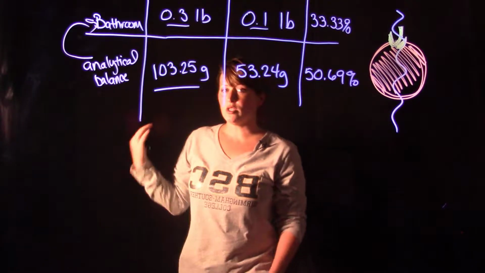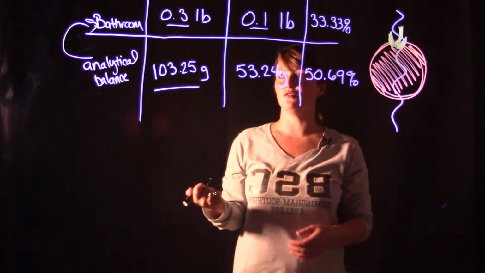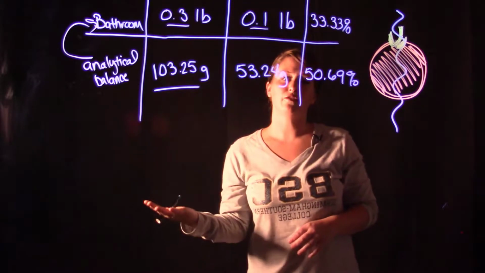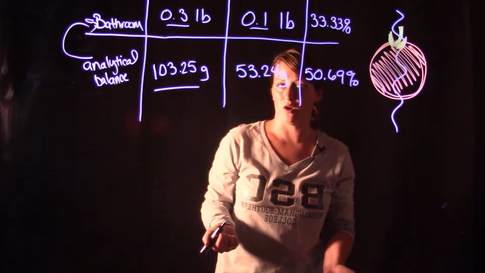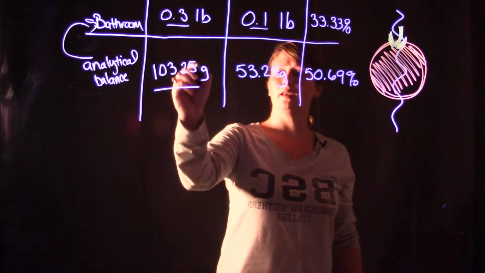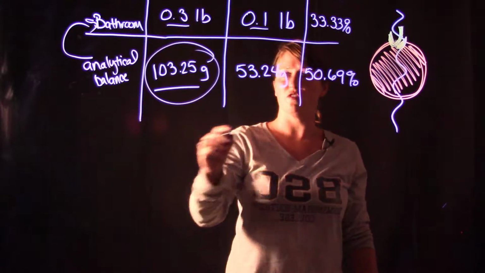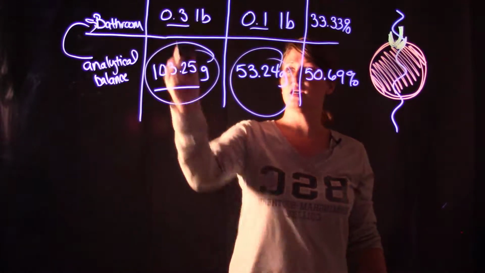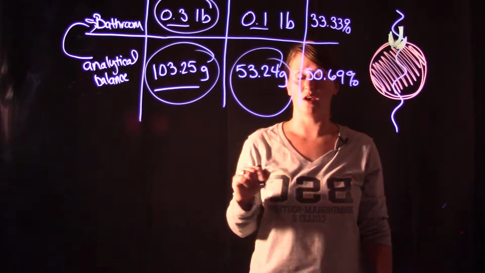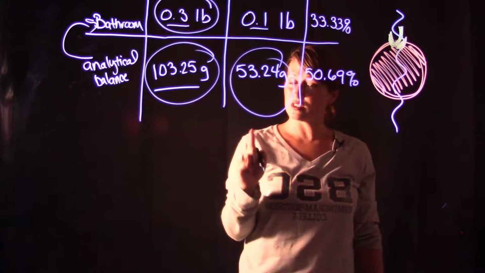So now that we know the difference between exact values and measured values, how do we determine that this is 5 sig figs or 4 sig figs compared to the 1 sig fig of the bathroom scale? Well, there are some rules that we can follow. To determine the number of significant figures a measured value has, you only need to follow these rules.